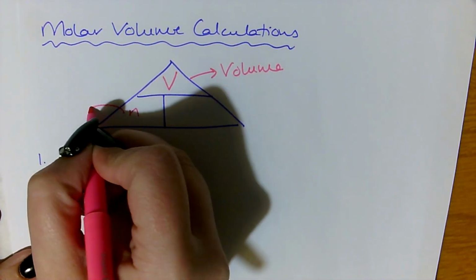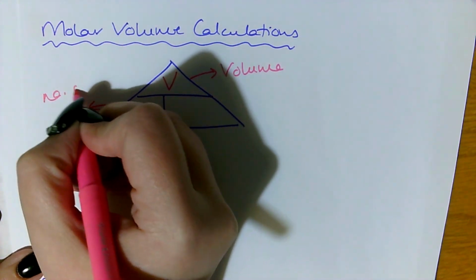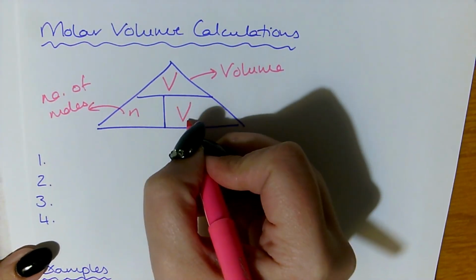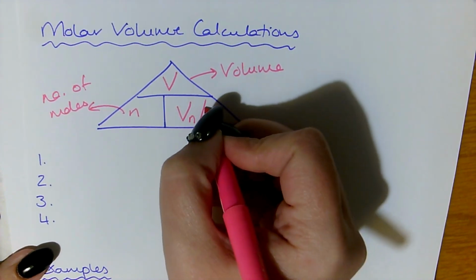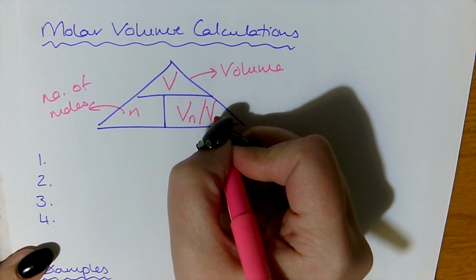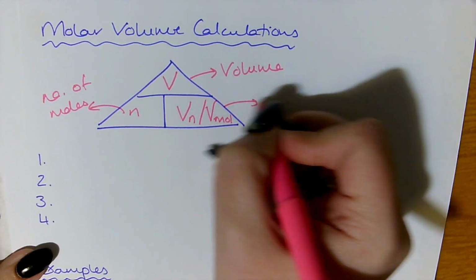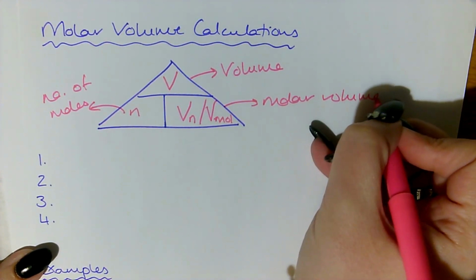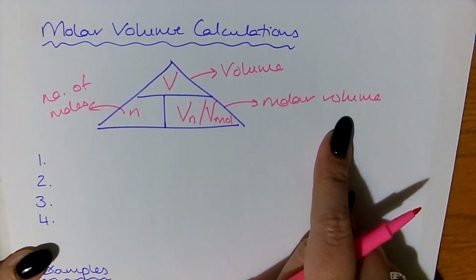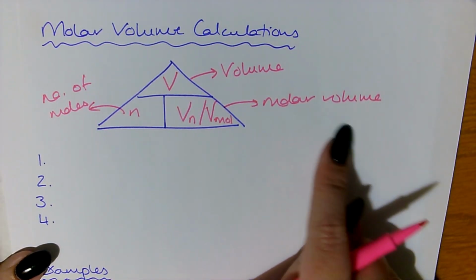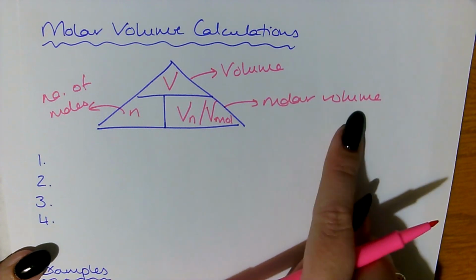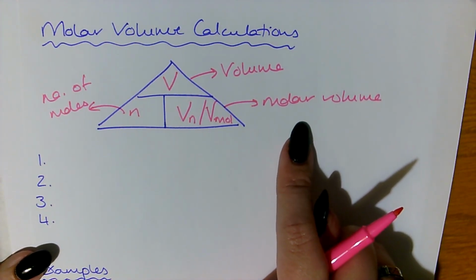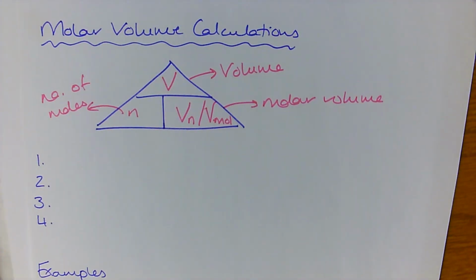N, again, same as before, this is our number of moles that we are using, and our last piece goes to Vn, or sometimes you might hear it called V mole, and that is our molar volume. Now, in the vast majority of these questions, the molar volume is given to you, it's stated in the question, so you are simply substituting in whatever value they have given you, which is usually 24 litres per mole.